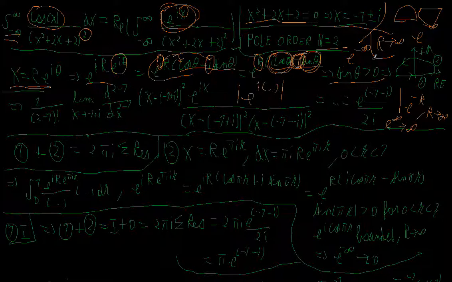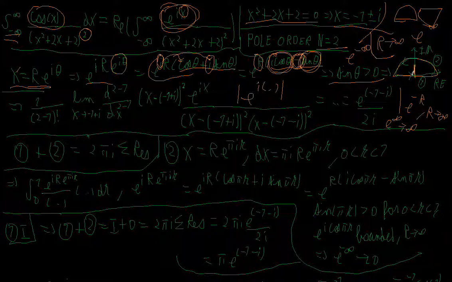So sine of theta needs to be positive, and we know that for sine to be positive, we need to use our contour in the upper half plane, okay? Because sine is generally tied to the imaginary axis, and if the imaginary part is positive, so above the real axis, sine is generally positive. If it's below the real axis, sine is generally negative, okay? In complex numbers, generally.